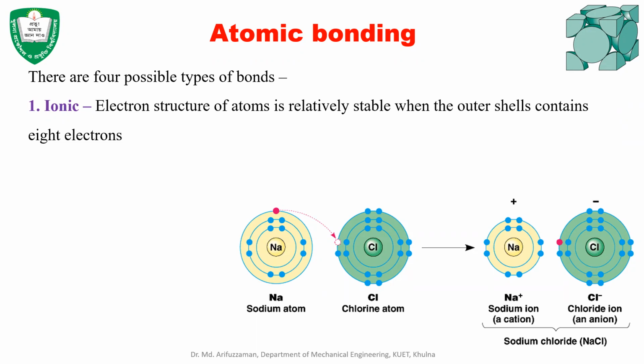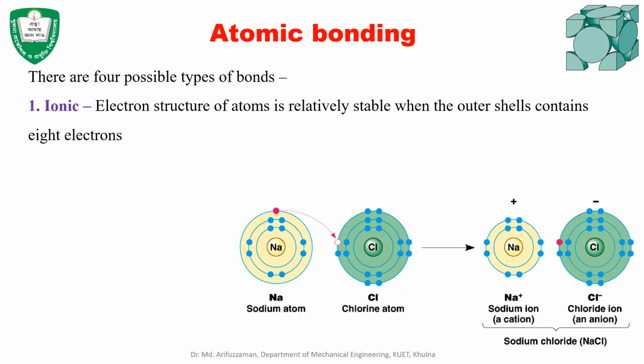Both sodium and chlorine then have 8 electrons on their outer shell, but since sodium has given up one electron it has become a positive ion, and chlorine becomes negative. There is a strong attraction between the positively charged sodium and negatively charged chlorine, and that's why they form a very strong bonding.